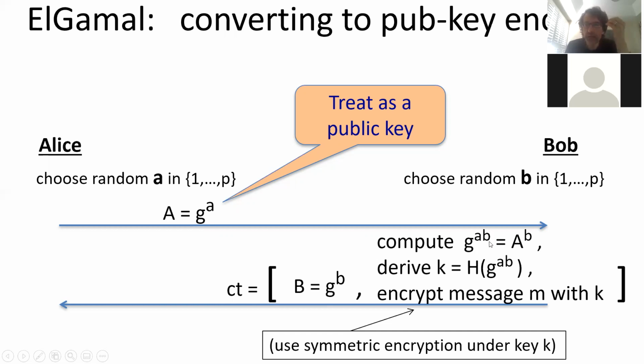So if Bob has a message that he wants to encrypt, I don't know how to use the symmetric key crypto systems that I had built so far, because these symmetric key crypto systems assume that the key is a random bit string of sufficient size.